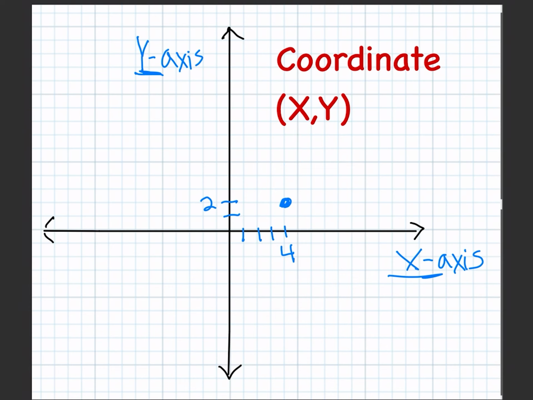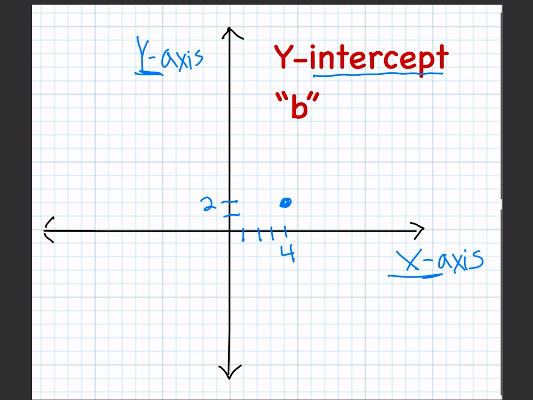Okay, now that we know coordinates, let's look at something called the y-intercept, or b. They call it b. The y-intercept is an important part of lines. And what does intercept really mean? It means that something crosses something. So, for instance, it's where the line crosses the y-axis. I just drew another point, and this is on the y-axis.